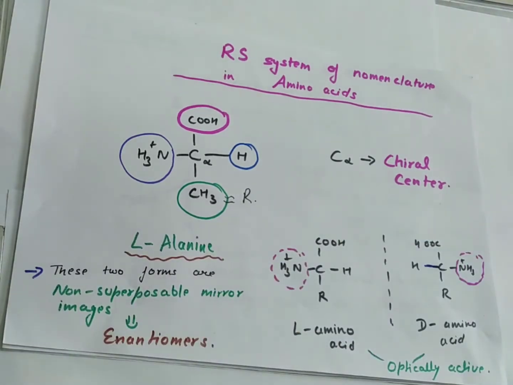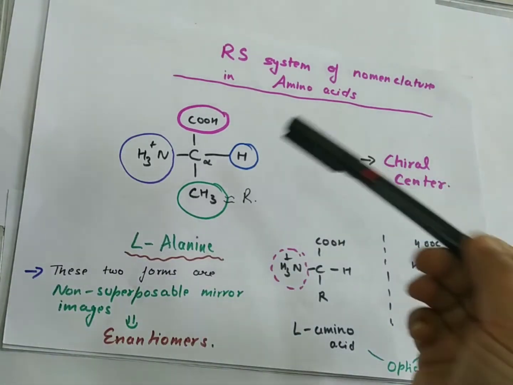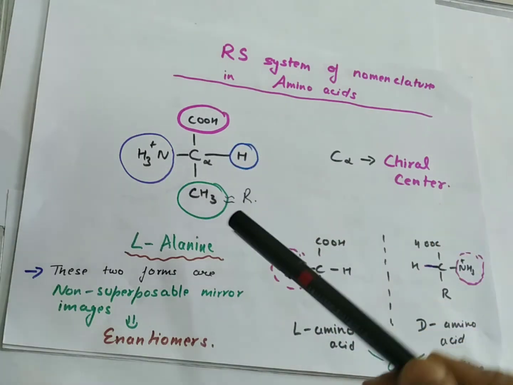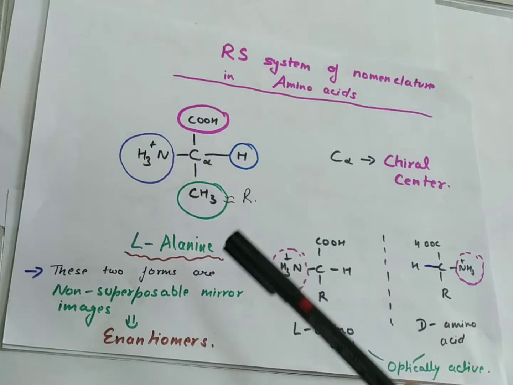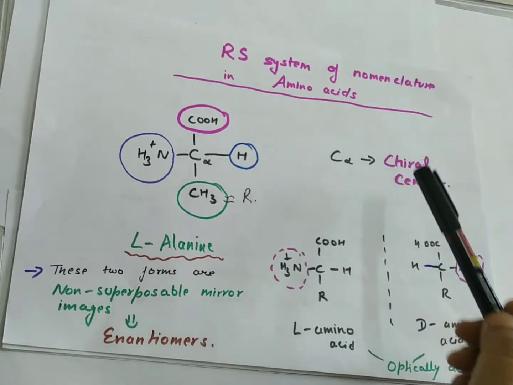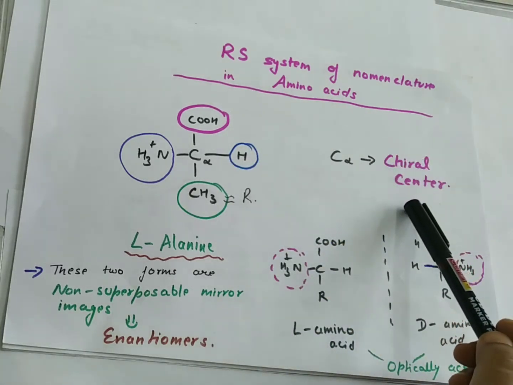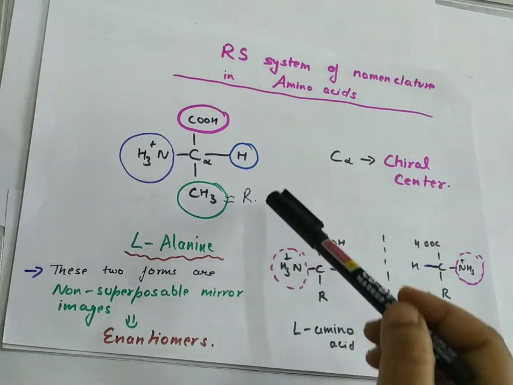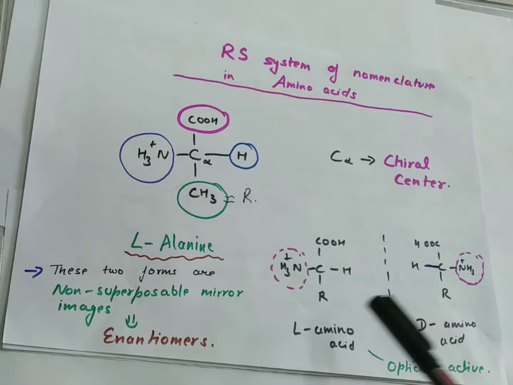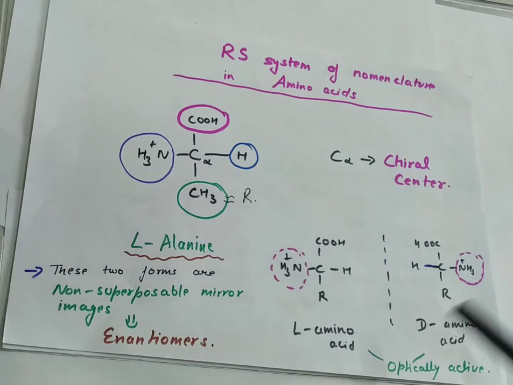So all amino acids have 4 different groups: carboxyl, amino, hydrogen, and R group. Since it's CH3, it is L-alanine. And since C alpha is attached to 4 different groups, this C alpha is a chiral center. It's an asymmetric molecule, and this molecule can adopt 2 absolute configuration forms.